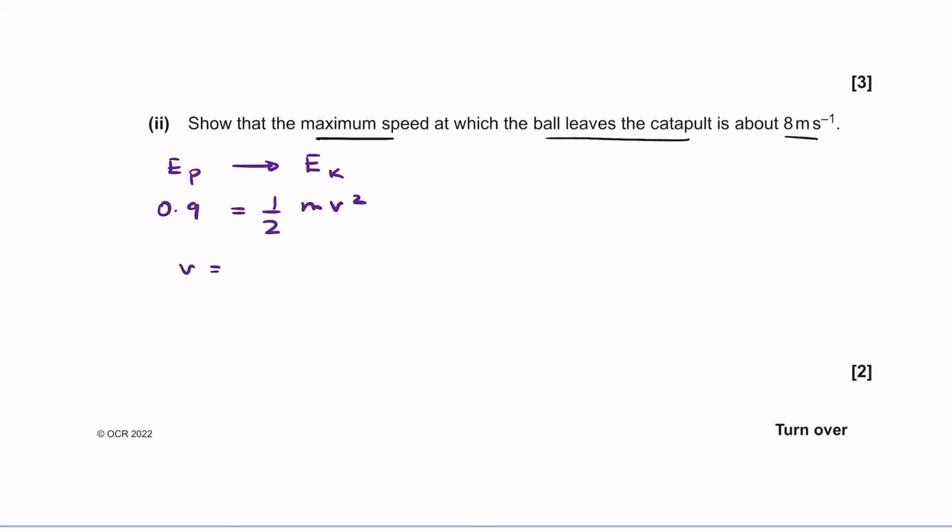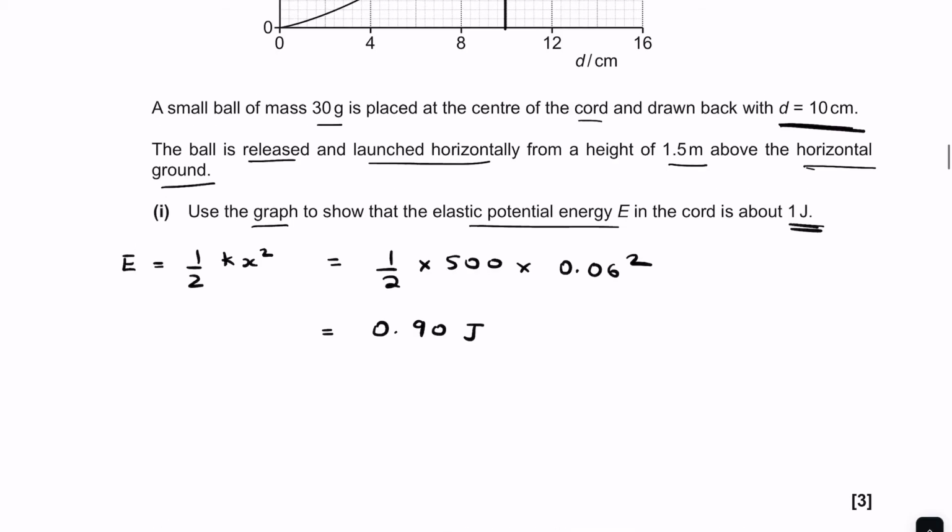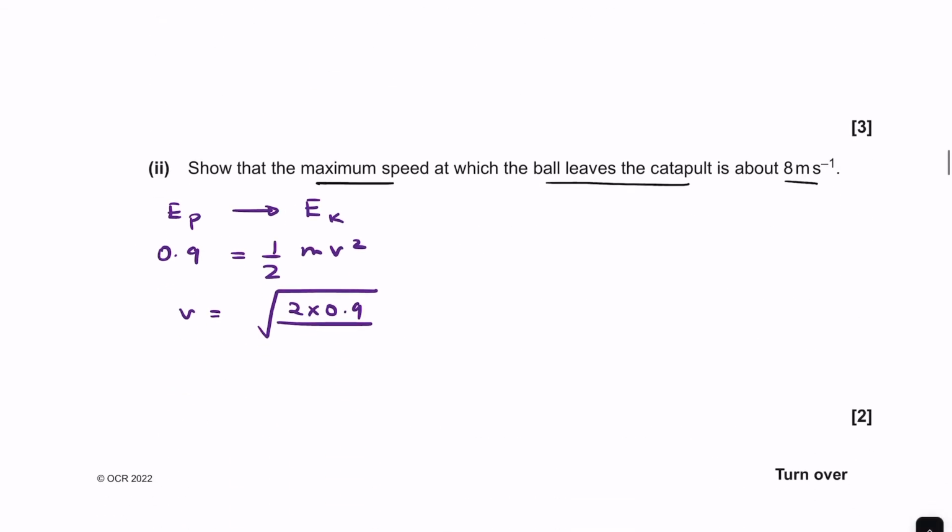The speed is the square root of 2 times 0.9 over the mass, which was given as 30 grams, so 0.03 kilograms. That gives me a value of 7.74, which is 7.7 meters per second, and if you write this to one significant figure, it would be 8 meters per second.